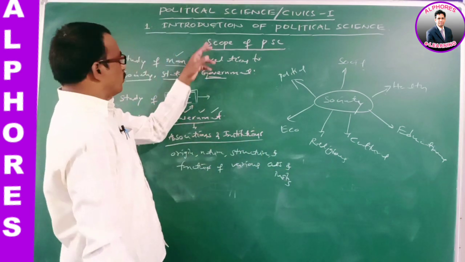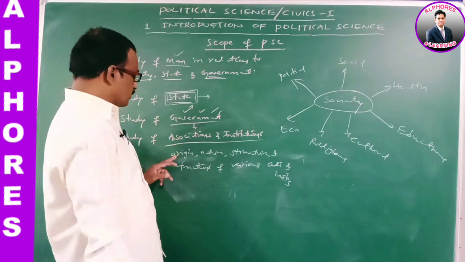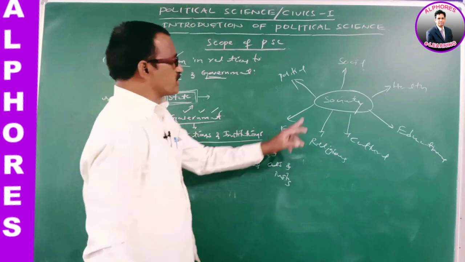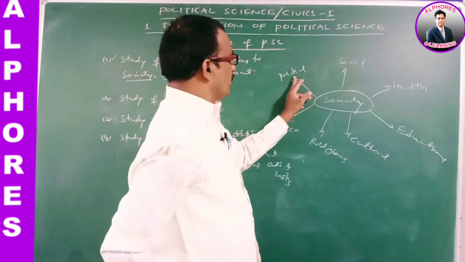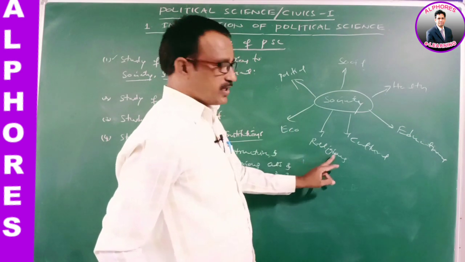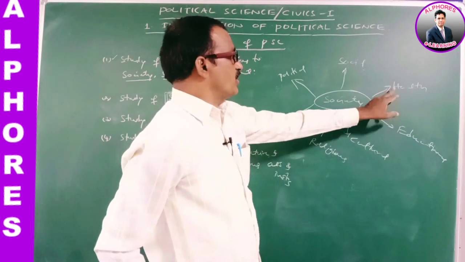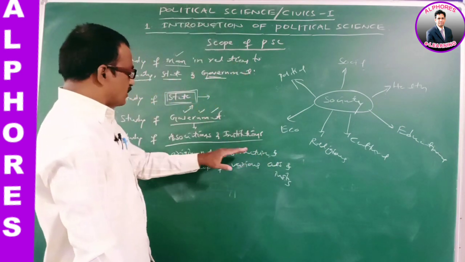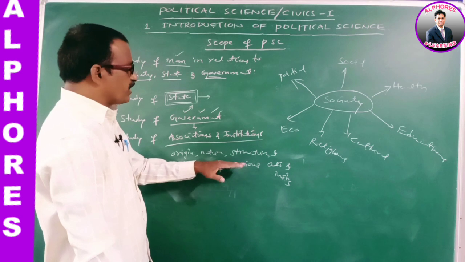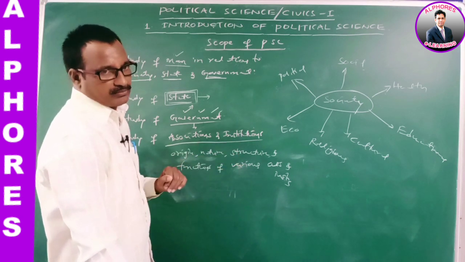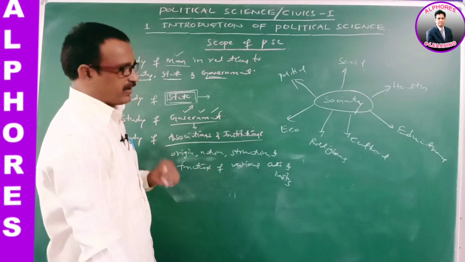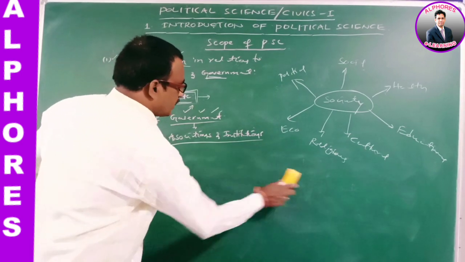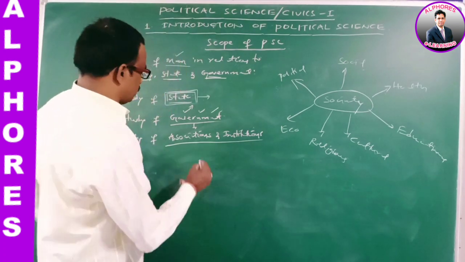Dear students, political science explains the origin, nature, structure, functions of various associations like social, political, economic, religious, cultural, educational, health, etc. Now here the nature, structure and functions of the various institutions are different. It also explains the relationship of these institutions with the state.